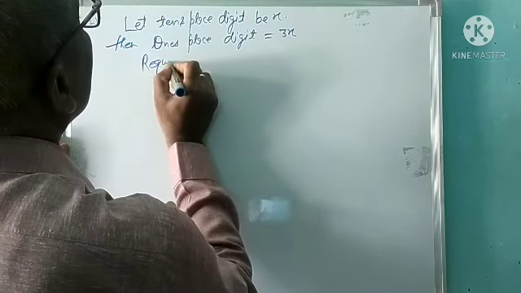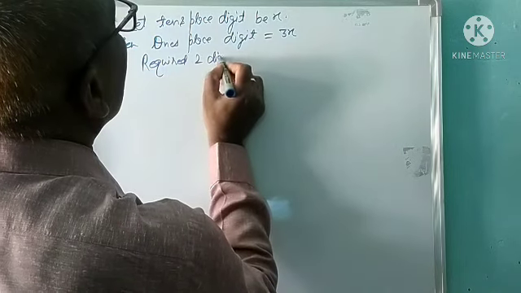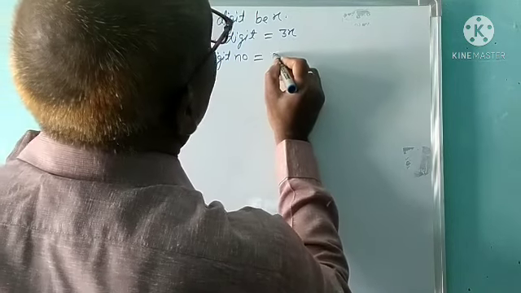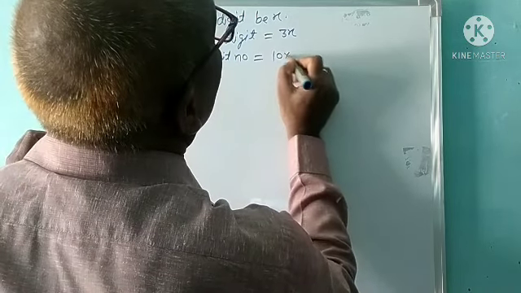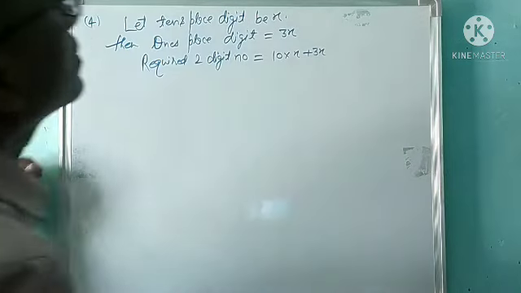Required two-digit number is equal to 10 into x plus 3x.